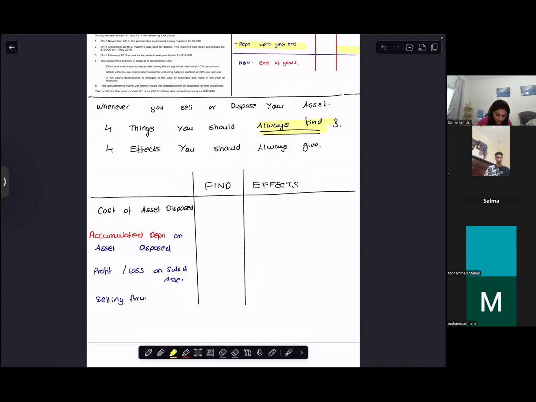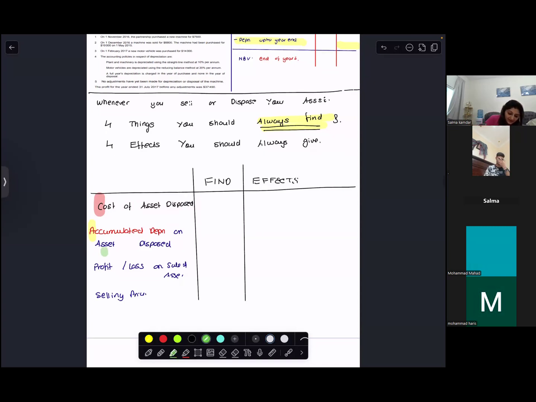So when you're disposing an asset, you should always find out the cost of the asset disposed, accumulated depreciation of the asset disposed, up to date of sale, profit or loss on the asset disposed, and the selling price of the asset disposed.